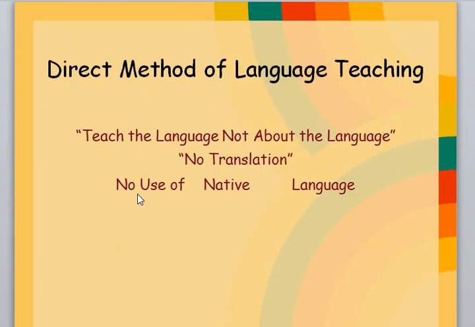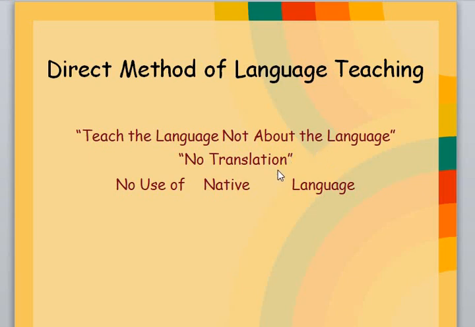The second method which came in response to the grammar translation method is the direct method of language teaching. Teach the language, not about the language. No translation. This is directly against the grammar translation method, because the grammar translation method focused on teaching about the language, more on grammatical rules and translation.